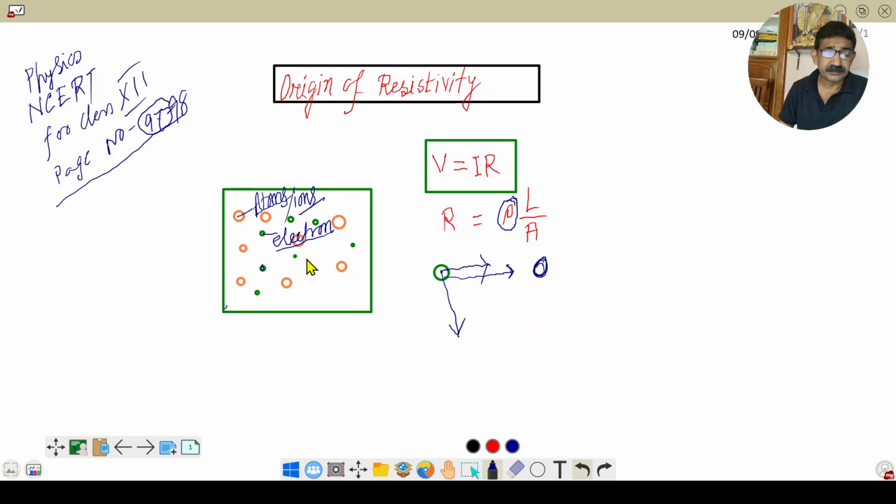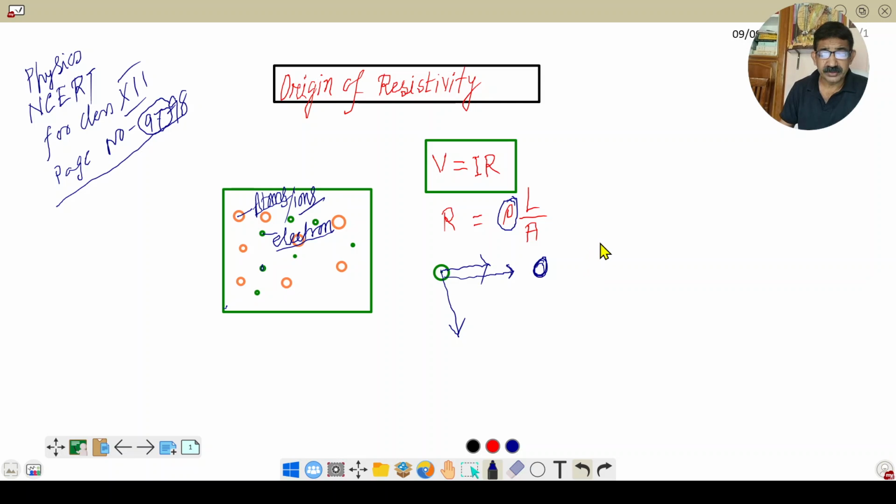Similarly, inside the conductor, these electrons can move in all possible directions and with all possible speeds. Okay. So, suppose in this specimen there are 1, 2, 3, 4, 5, 6, 7 electrons. There are 7 electrons, though this is for consideration only.